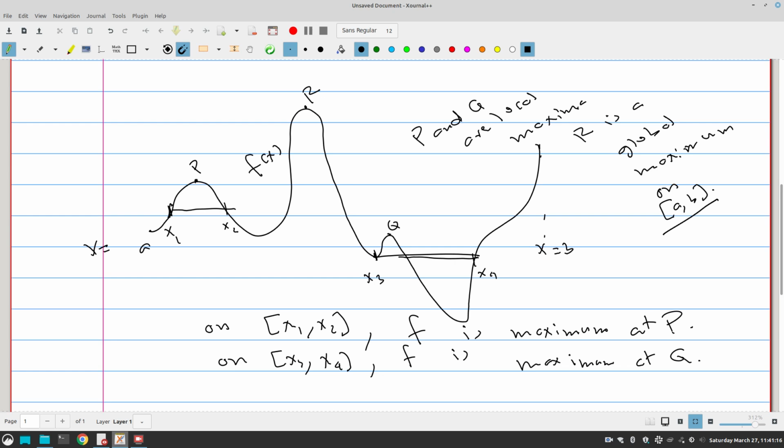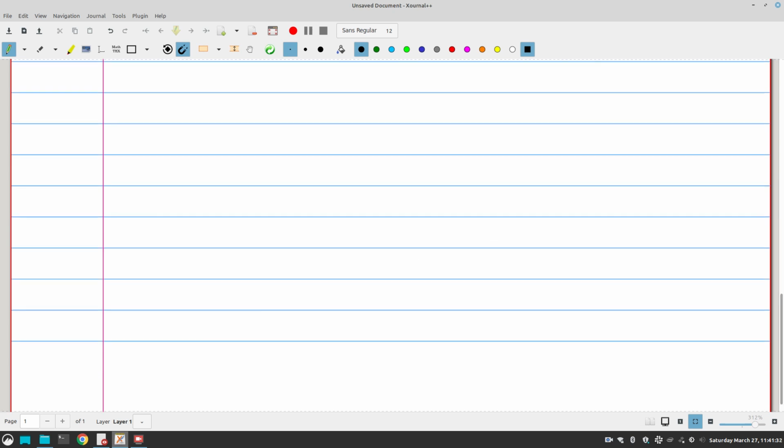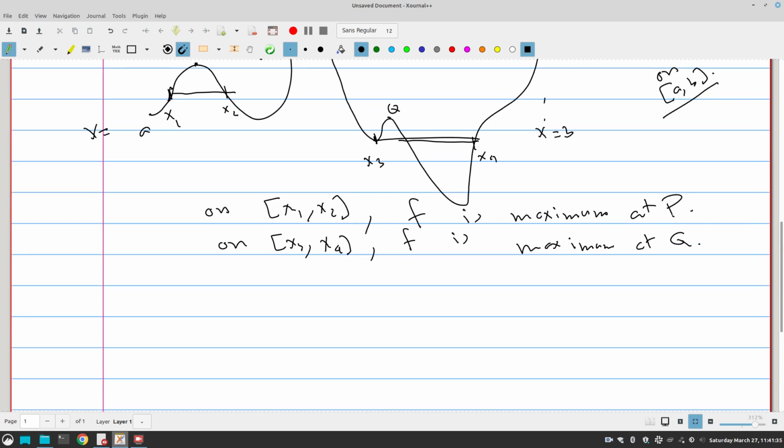Let me repeat that. P and Q are the maxima on subsets of the domain of the function, but R is a maximum of f on a comma b.